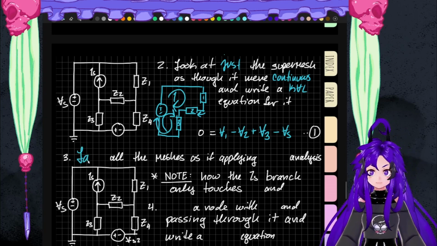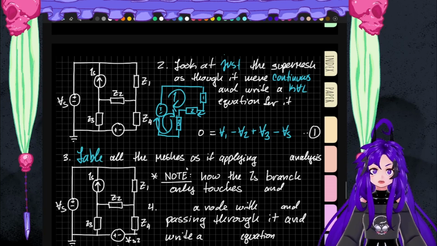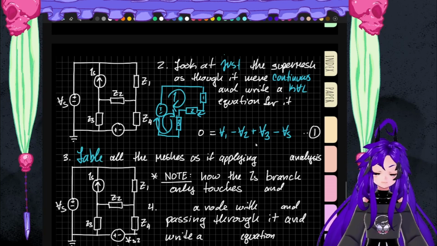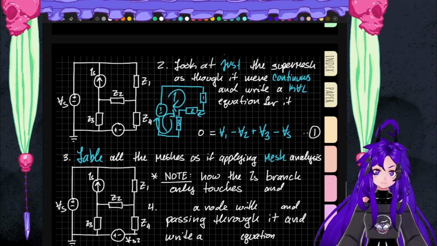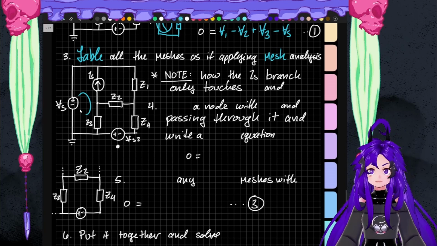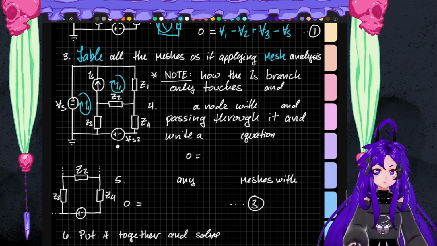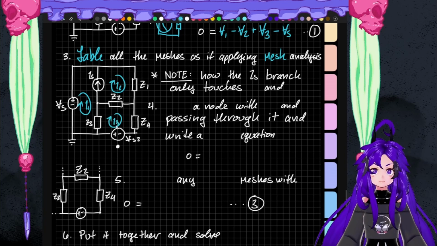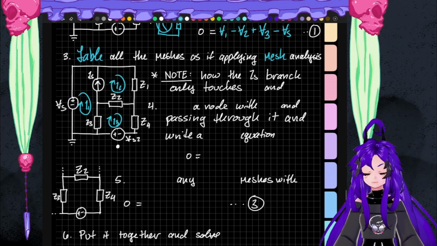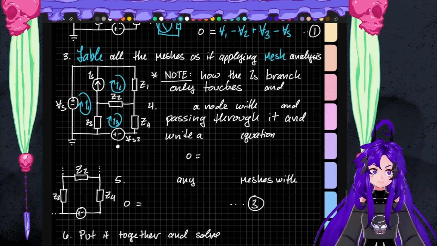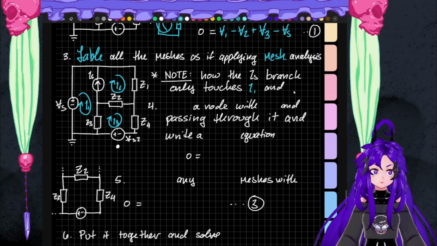Next up, we're going to label all the meshes as if we're applying mesh analysis, just as regular: I1, I2, and I3. Notice how the IS branch only touches currents I1 and I2.